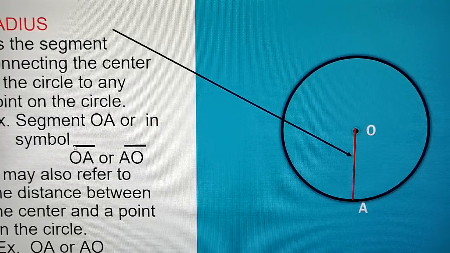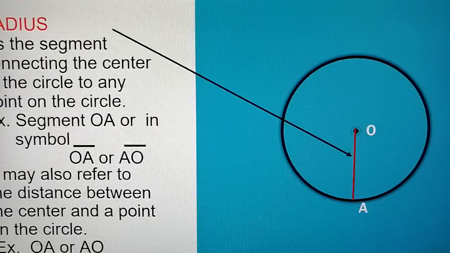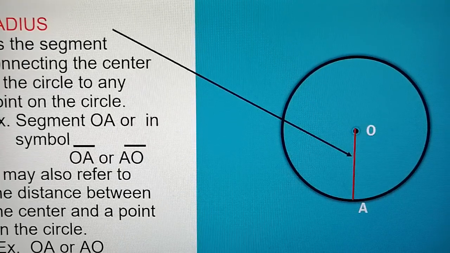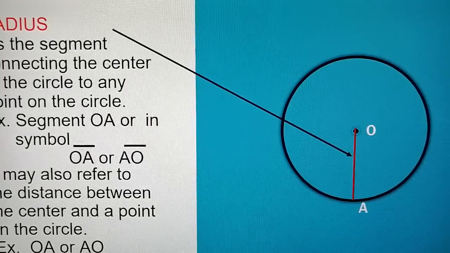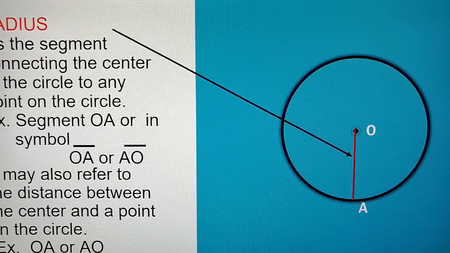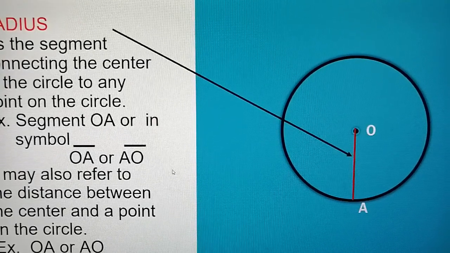So again, if you have line segment OA, we are referring to the segment itself. But without the line segment, simply OA or AO, we mean the distance from the center to a point on the circle, or we are referring to the measure of the radius itself.